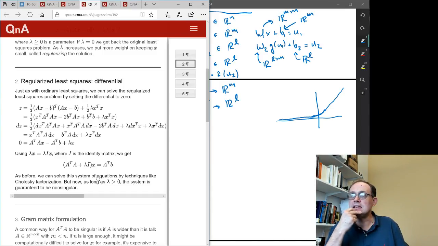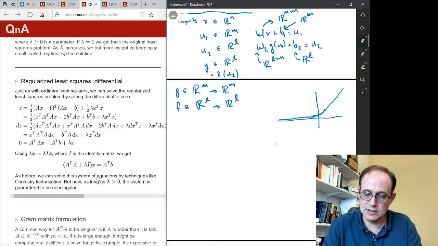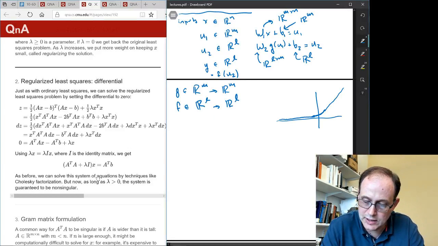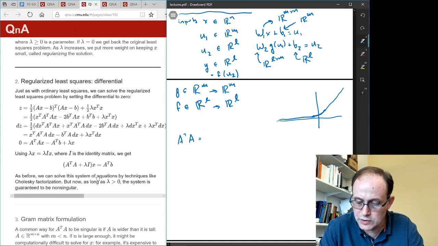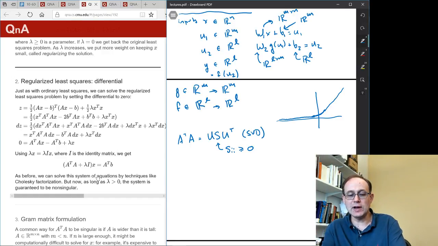When you take the singular value decomposition, A transpose A is equal to U S U transpose, and the diagonal elements S_ii are going to be greater than or equal to 0. Some of them could be 0, and in particular, if A transpose A is singular, then some of the diagonal elements will be 0.